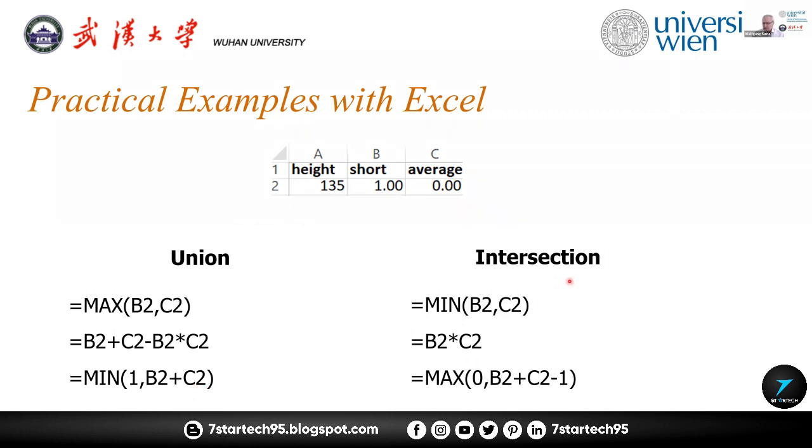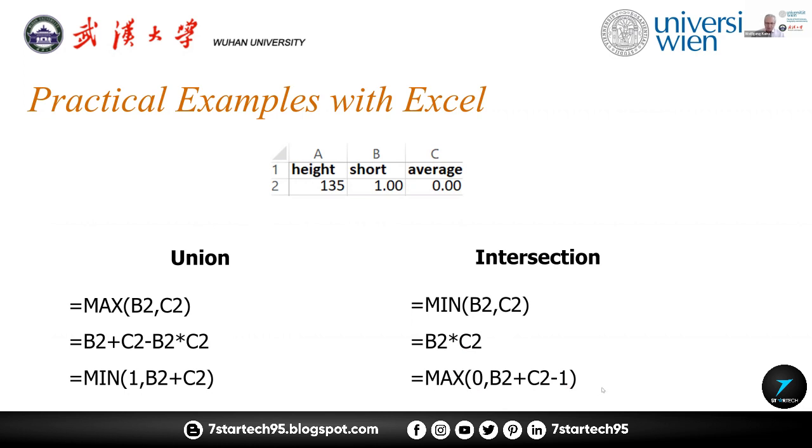And for the intersection, we have it in the same way. We can use the minimum operator, the minimum of the two values, the product of the two values, or the maximum of 0 and the sum minus 1.